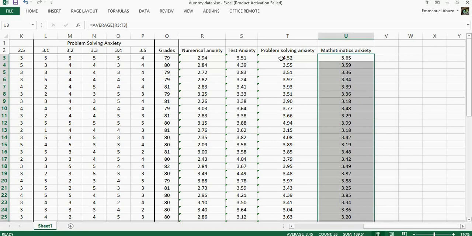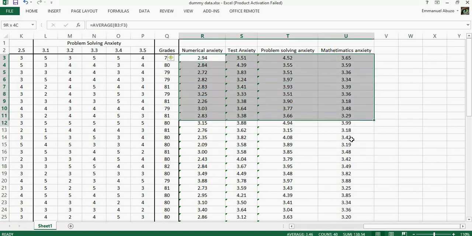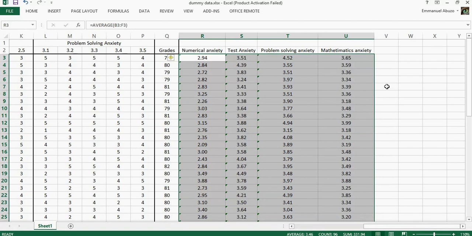Remember that not all Likert scales can use the mean to determine the level of this variable, because some Likert scales can be considered ordinal scales, and if that is the case, then we cannot use the mean. We can only use the median or the mode. Since in this presentation I consider this an interval scale, I will use the mean.